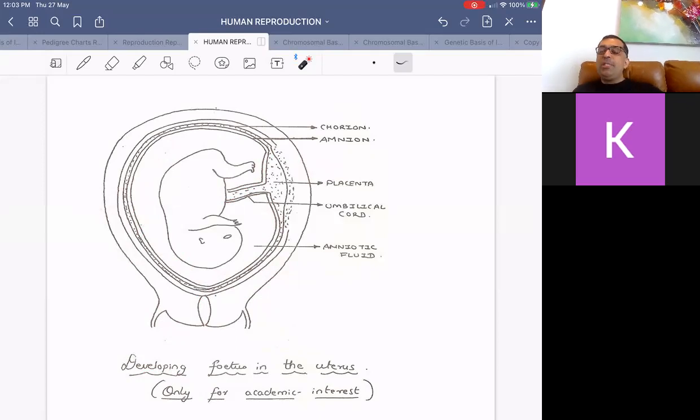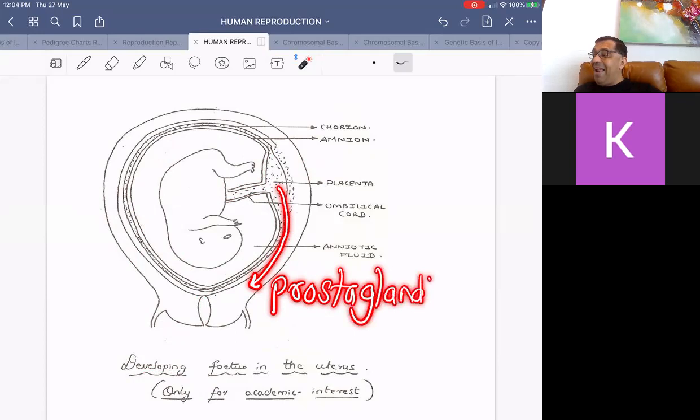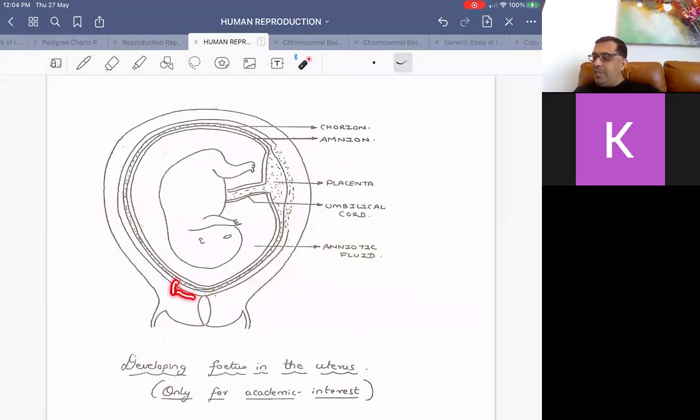Just 15 days before childbirth, a chemical is given out from the placenta, we all have heard of it, prostaglandins. And prostaglandins from the placenta act on the internal os, and internal os dilates. So it dilates and forms a perfect concavity.